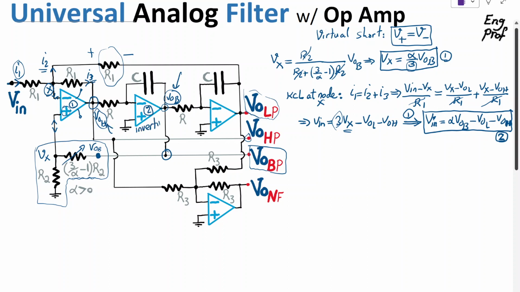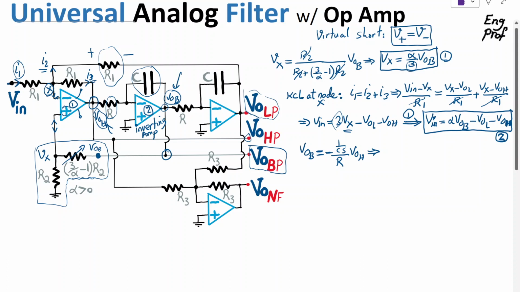So this is an inverting amplifier scenario, in which we can simply say V out bandpass for op-amp 2 is equal to minus the impedance in the feedback path, which is 1 over CS, so minus 1 over CS divided by R, the other impedance, times the input, which is V out high pass.